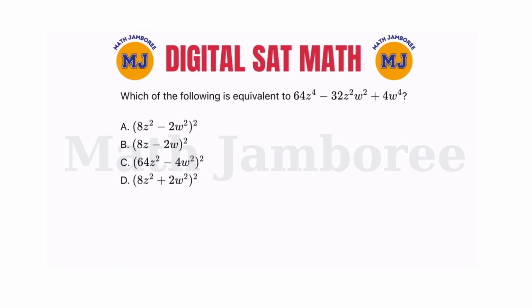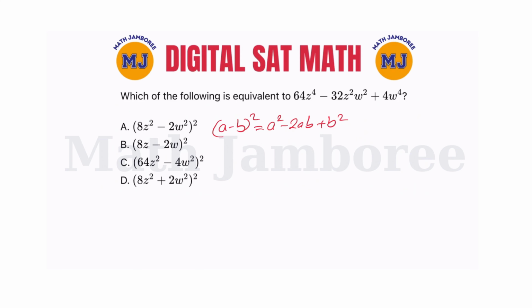So this is in the format of a minus b squared. How do I know that? Because you see this sign over here is a negative. So if you expand this, it becomes a squared minus 2 times a and b plus b squared.